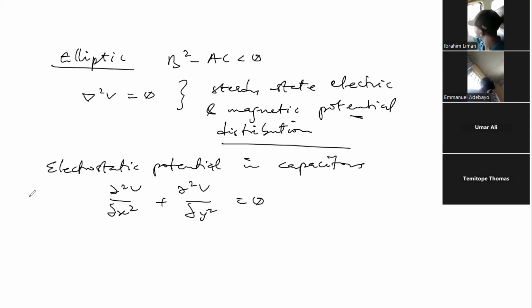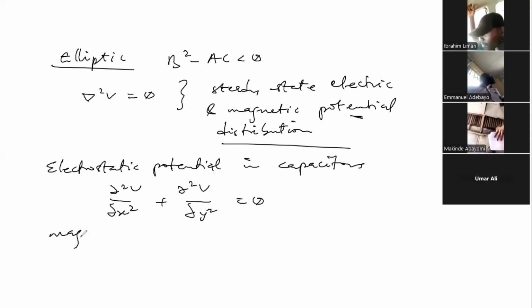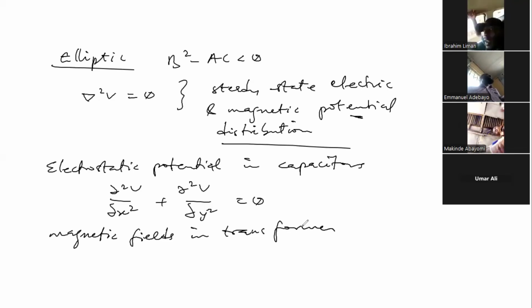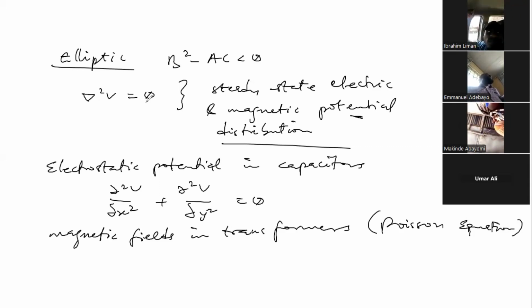And one more example is when we consider magnetic fields in transformers, okay? And here we now have to play with the Poisson equation. So rather than have this be the same as 0, it is now the same as some other parameter.